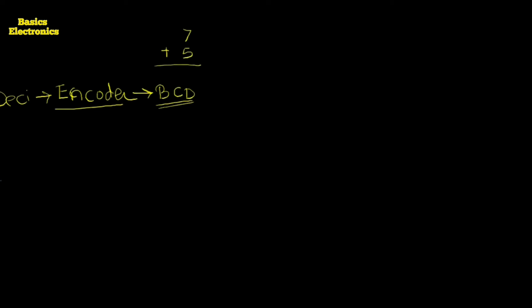If we make a calculation using the calculator, say 7 plus 5, here we have to do the addition. First we press the decimal digit 7, which means we press the key aligned for decimal digit 7.